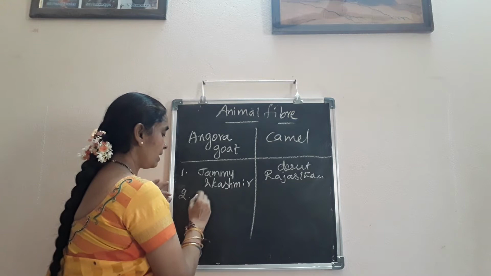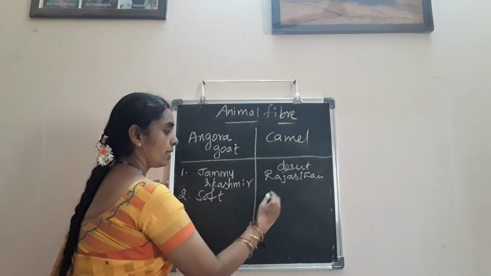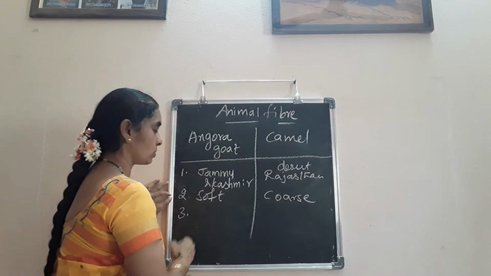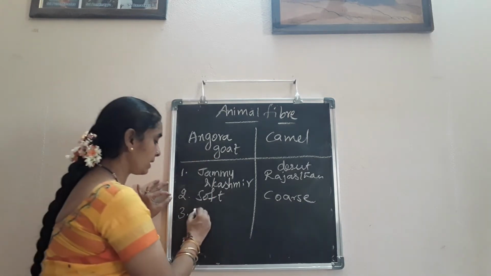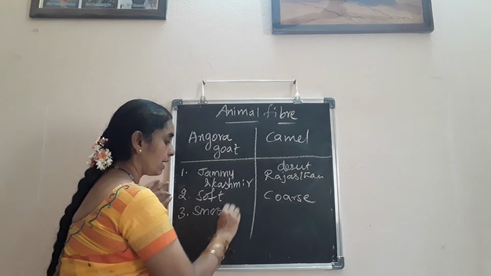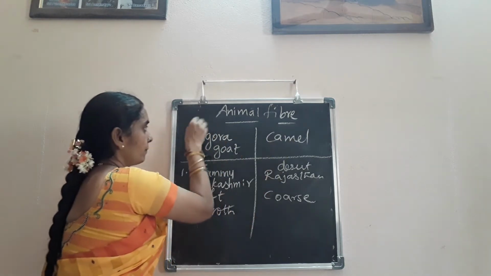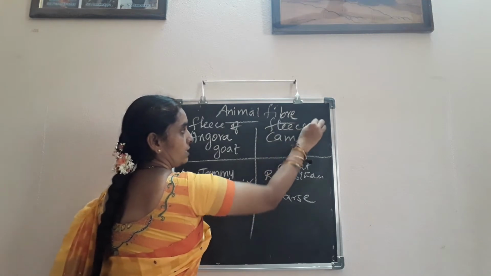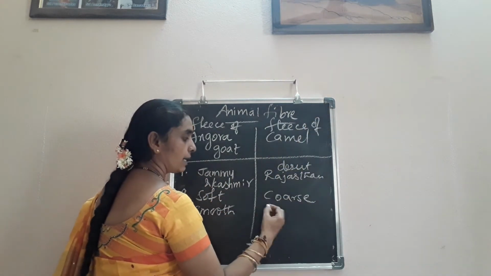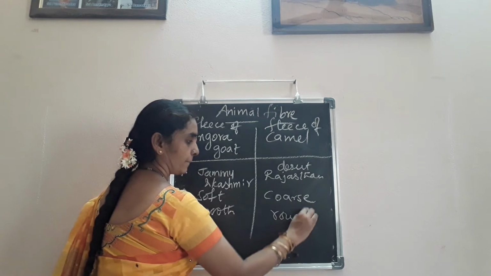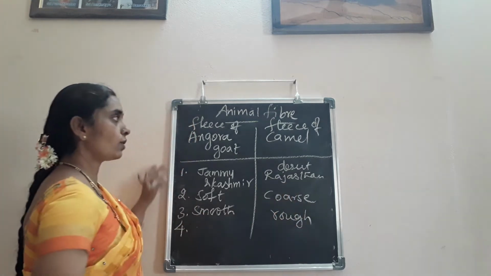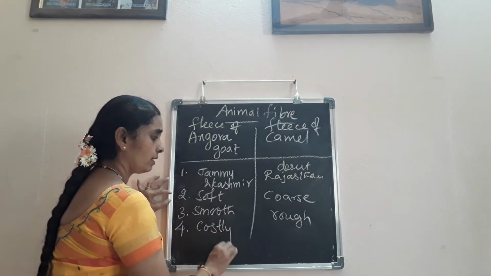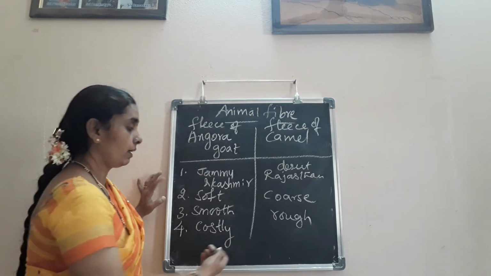Next, the fleece of this camel is coarse. The fleece of Angora goat is very smooth. The fleece of camel is rough. And the fleece of Angora goat is costly, we can say, because it's very smooth to touch.